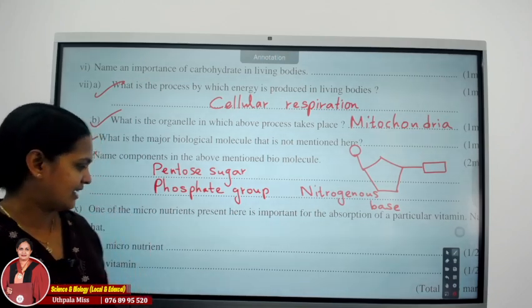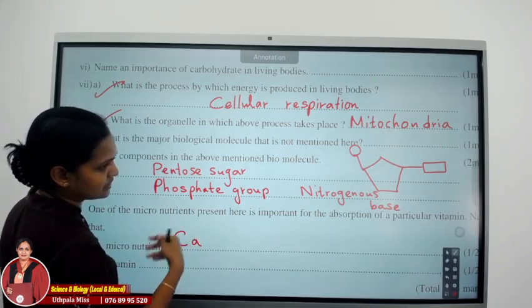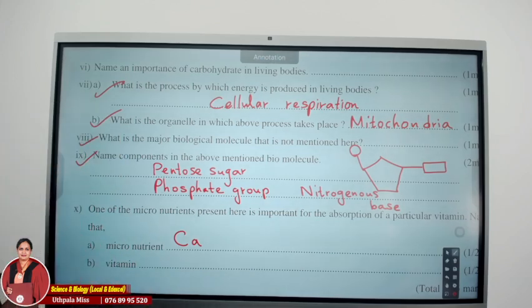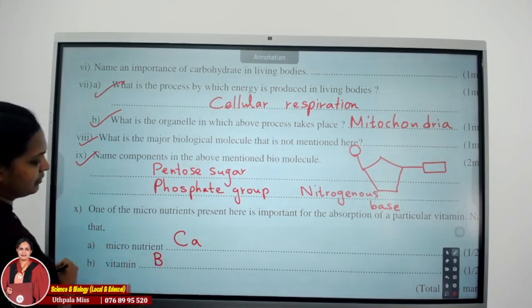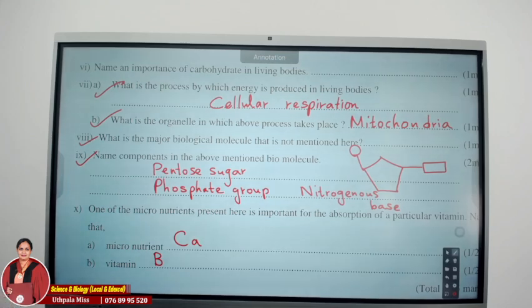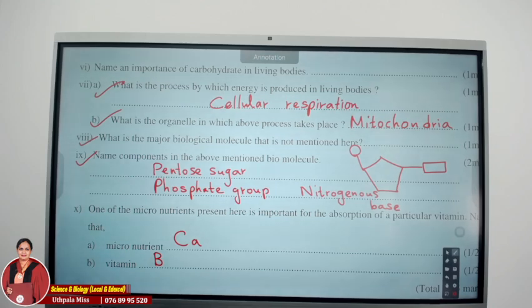Calcium. So what is the vitamin that is absorbed in the presence of that calcium? Vitamin B. Vitamin B absorption is facilitated in the presence of calcium. Right. B or D?